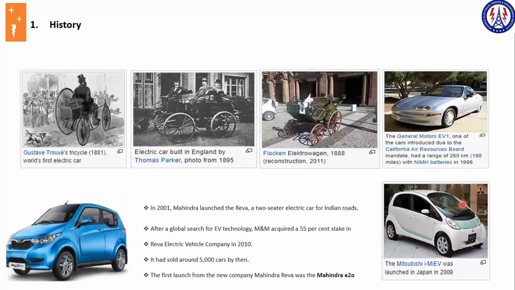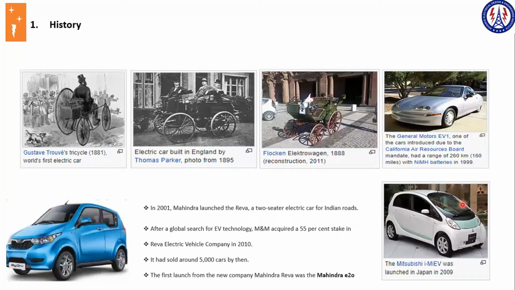If you observe, from 2001 to 2010 across the globe, the EV market was there, but the growth of the electric vehicle market was not that much, from 2000 to 2010.